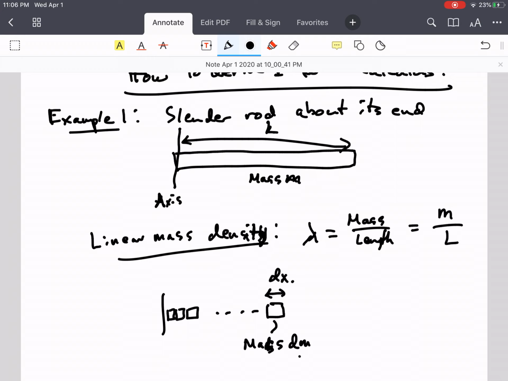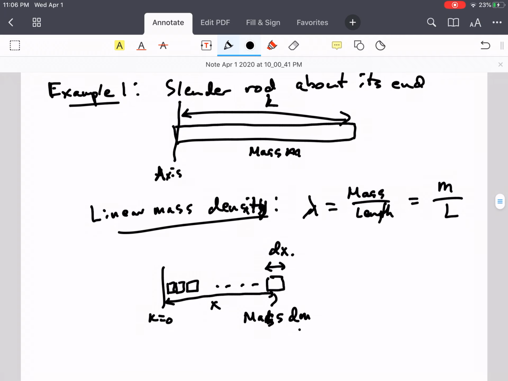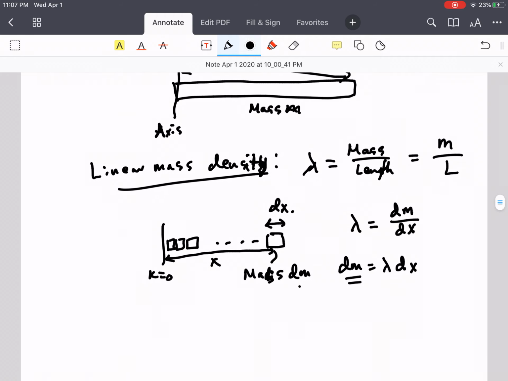So the size is dx, the mass is dm, and the distance from the axis is just x, the x coordinate. If x equals 0 here, then x equals whatever is the position of one of the particles. So quickly, if lambda is mass divided by length, that'll also work here. The mass of this object is dm, the length of this object is dx, and what that means is dm is lambda times dx. So that's how I'm going to define my differential of mass.